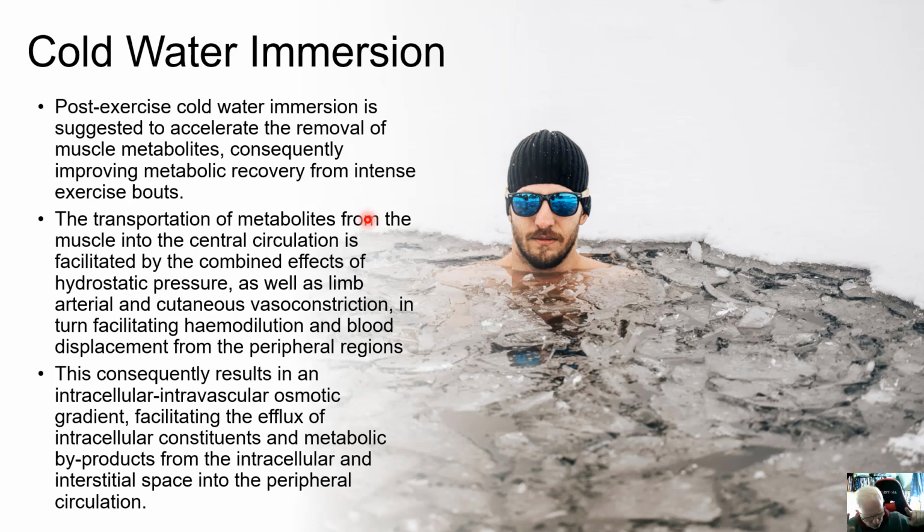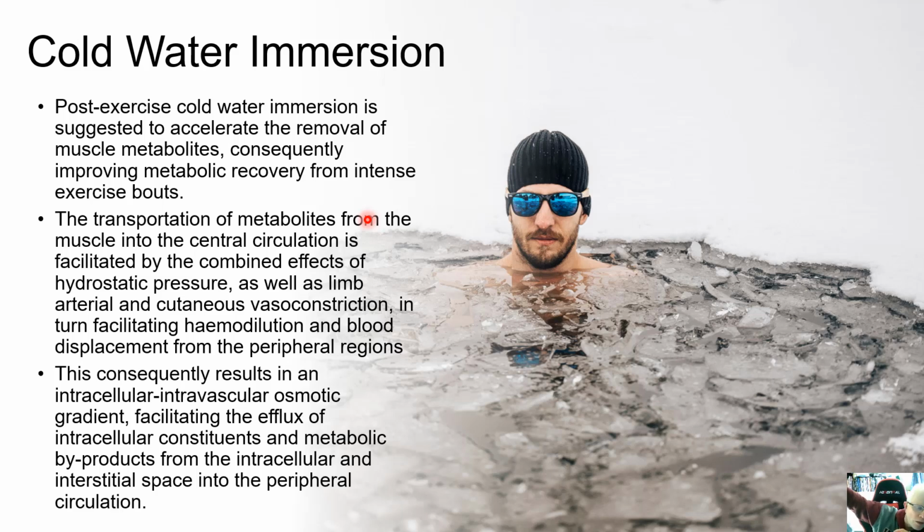Because you're reducing blood flow to the muscle, it's automatically directing blood flow to the core. It's taking anything from the muscle away. Remember that the circulation is the primary way in which we move heat. So it sounds kind of counterintuitive, but by reducing the blood flow, getting the vasoconstriction, and you get that pressure effect, it increases the rate of movement of the metabolites away from the muscle into the central circulation.